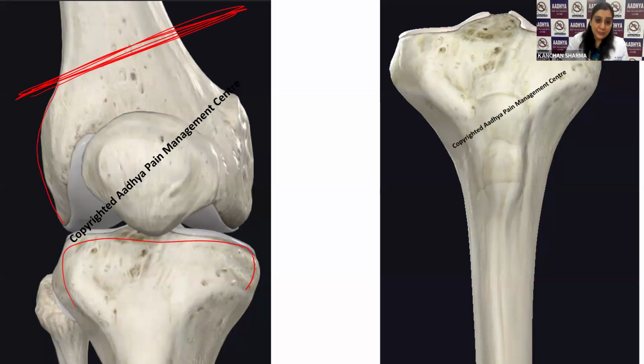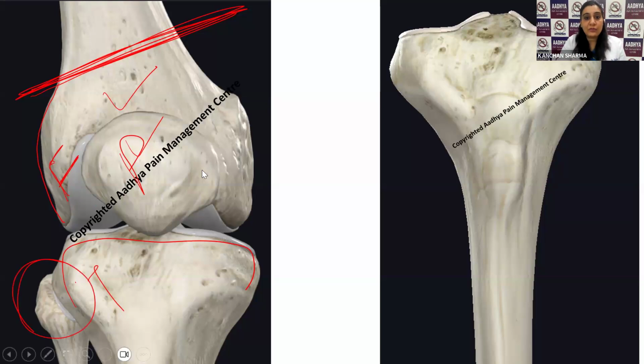We do have an articulation between the femur and the patella, and we are going to call this articulation the patellofemoral joint. Fine. We do have a joint between the tibia and the fibula as well, but it doesn't contribute in the formation of the knee joint.